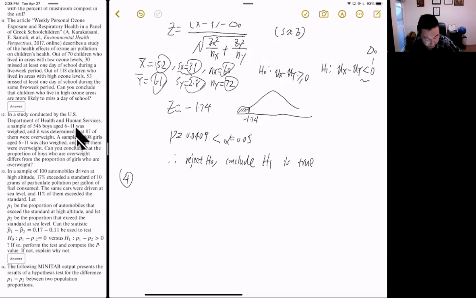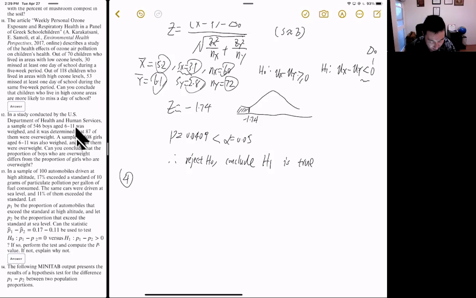In a study conducted by the US Department of Health and Human Services, a sample of 446 boys aged 6 to 11 was weighed. It was determined that 87 of them were overweight. Another sample of 508 girls aged 6 to 11 were also weighed, and 74 of them were found to be overweight.